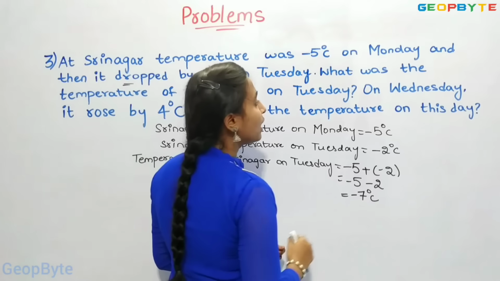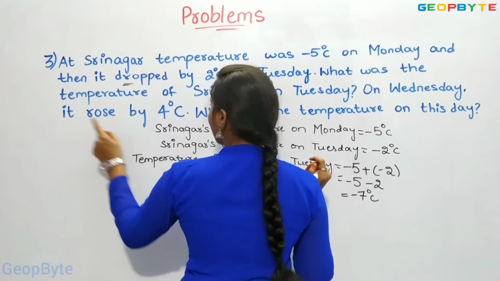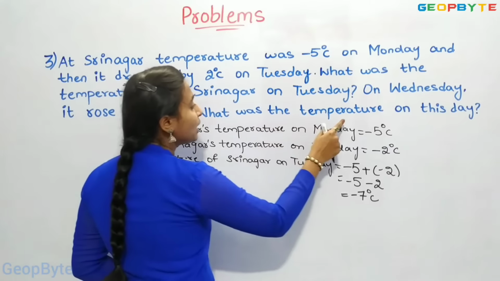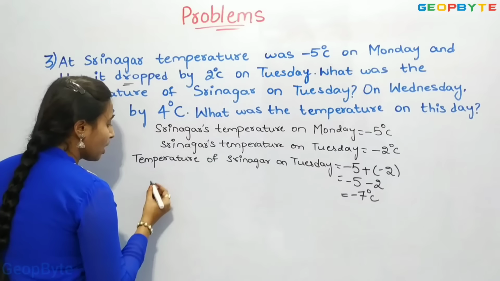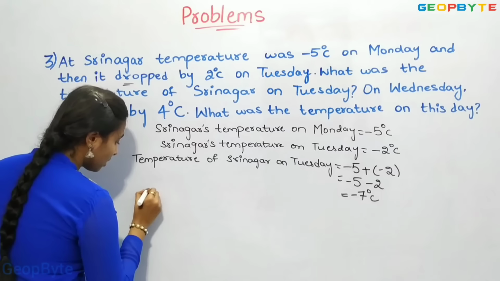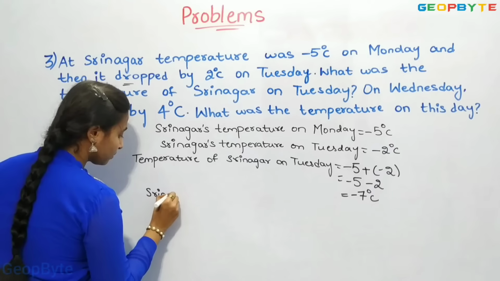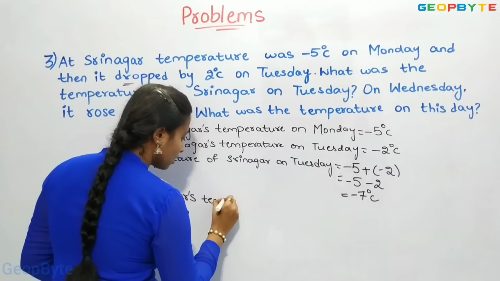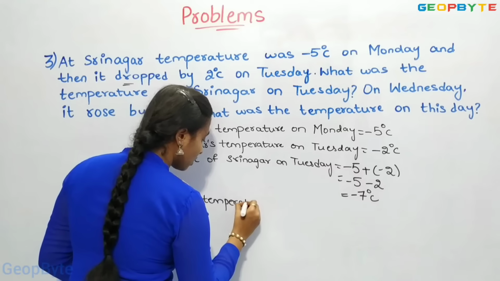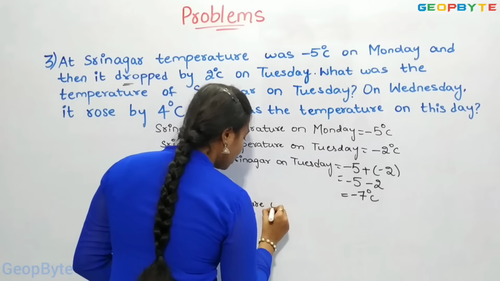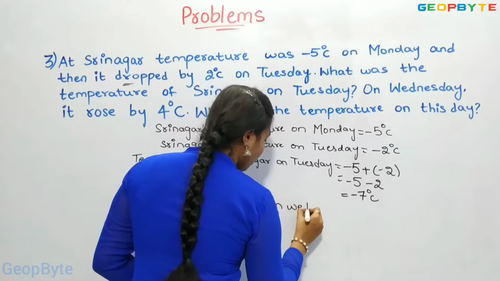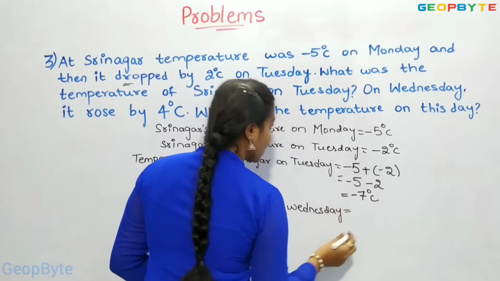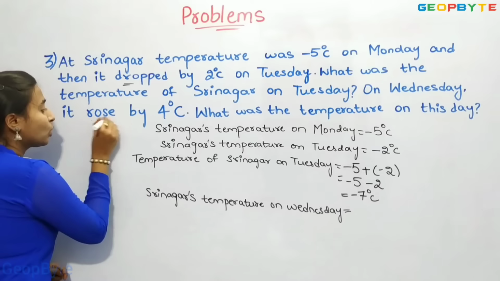Now, again what they have given, on Wednesday, it rose by 4 degrees Celsius. What was the temperature on this day? Now, let us write. Srinagar's temperature on Wednesday is, they have given rose.